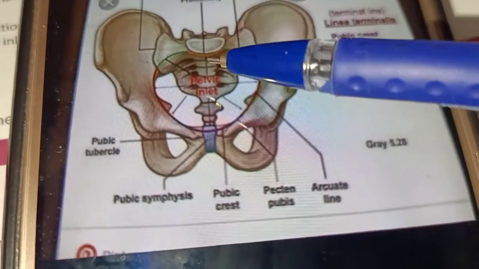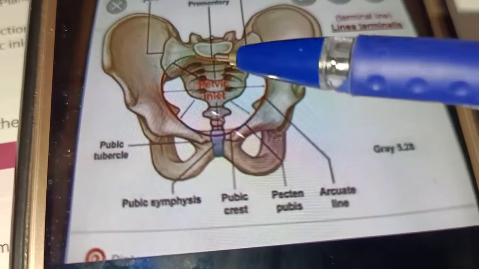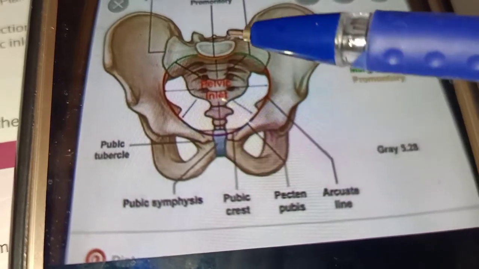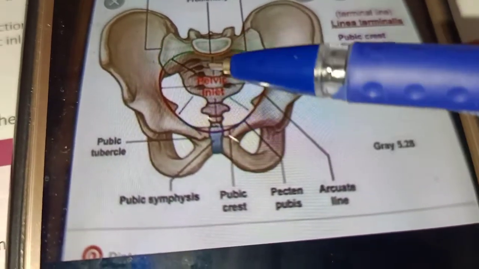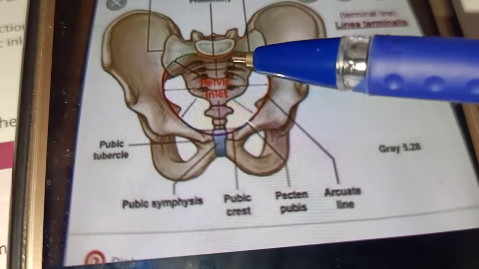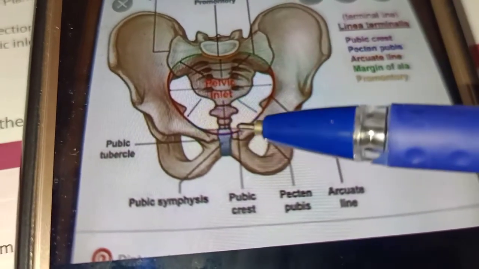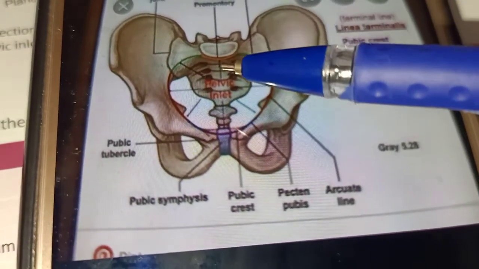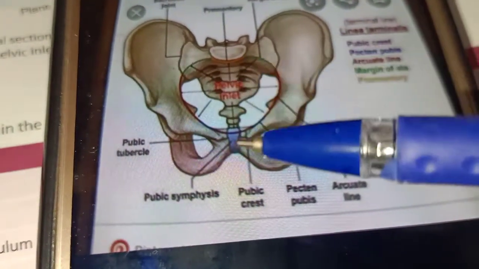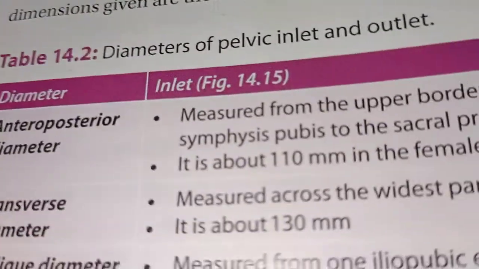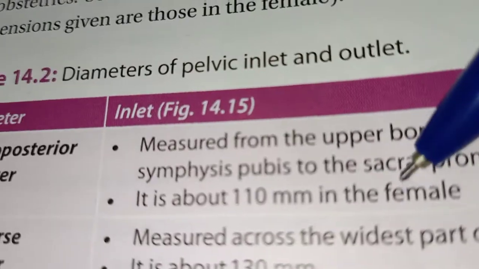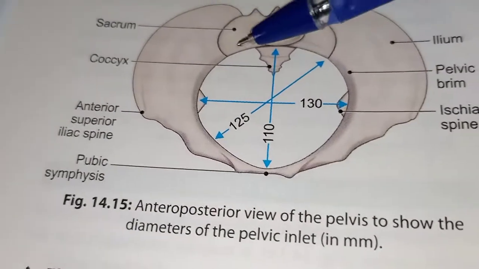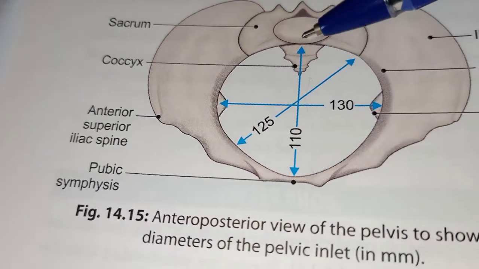This is the AP diameter, anterior posterior diameter. This is anterior, this is posterior. This AP diameter of the pelvic inlet is 110 mm in females.